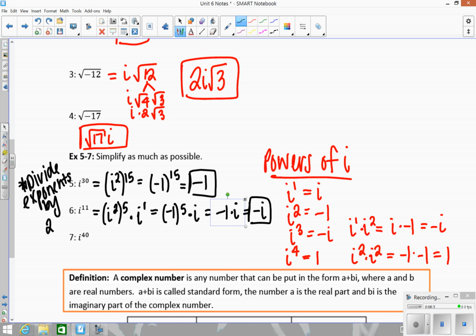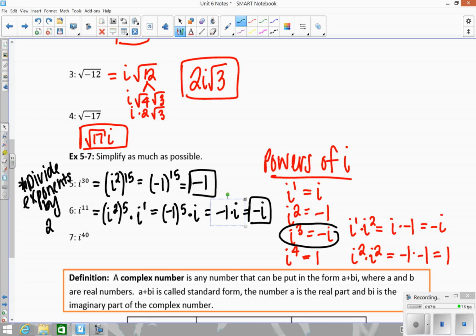So see how we're always getting one of these answers over here? It's because the pattern for the powers just repeats. So i to the 11th, I could really go 1, 2, 3, 4, 5, 6, 7, 8, 9, 10, 11, and see how i to the 11th really occurs there. So it's the same answer.